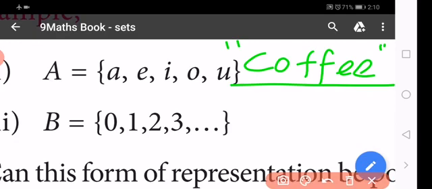Now we are going to write the roster form.